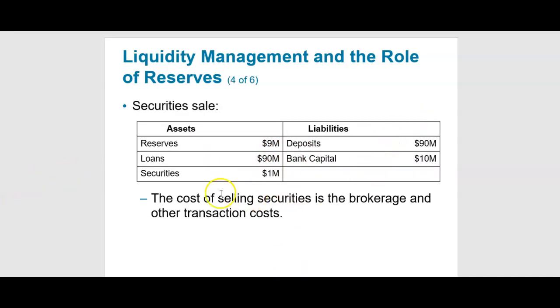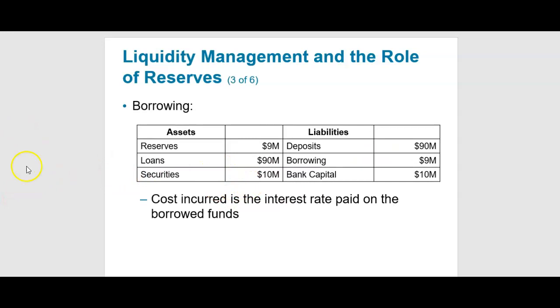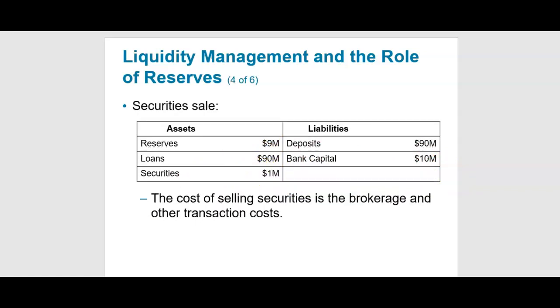The other option that I have is, instead of having $10 million of securities, forget about the borrowing. I don't want to pay that. I'm going to sell the securities. I'm going to sell 9 million of the securities, put them all in the reserve, and keep 1 million in here. The cost of selling the securities is the brokerage and the other transaction costs that we have seen in the previous chapter.